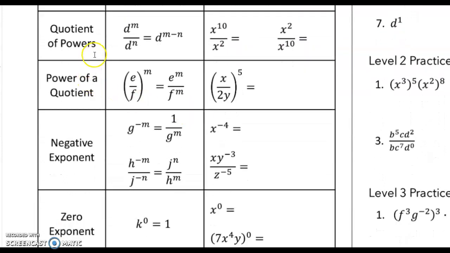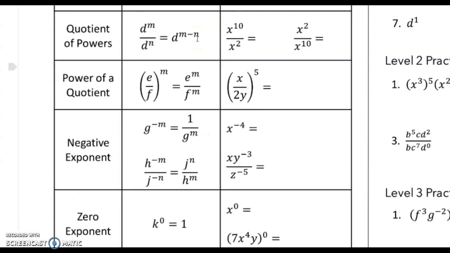Okay. Quotient of powers is when you have the same base. See how they're both a base of d, and they have exponents. They can be the same or different exponent. It doesn't matter. You take the top exponent and subtract the bottom exponent. So m minus n.